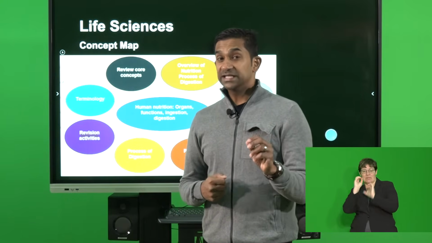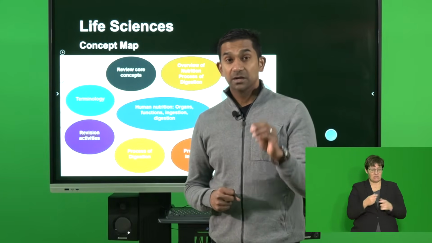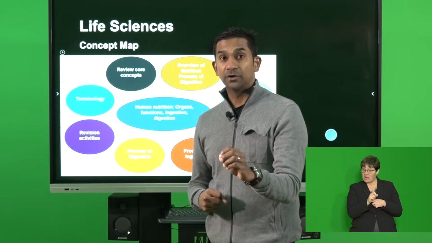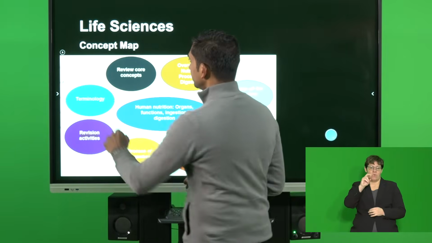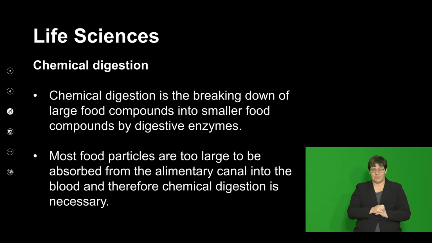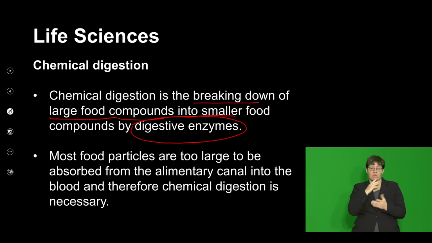So having said that, let's go into the process of chemical digestion and unpack what are the enzymes, what are the substrates they work on, and how they are broken up into the simplest monomers. Right, so as I mentioned, chemical digestion is the breakdown of large food compounds into smaller food molecules by digestive enzymes.